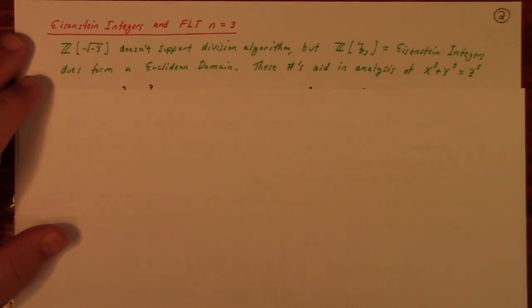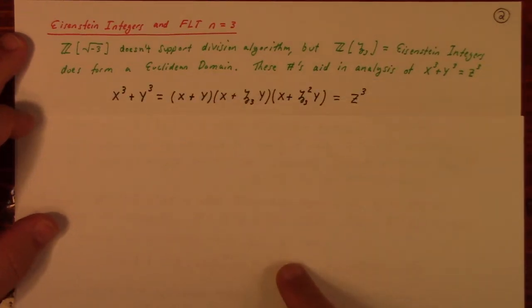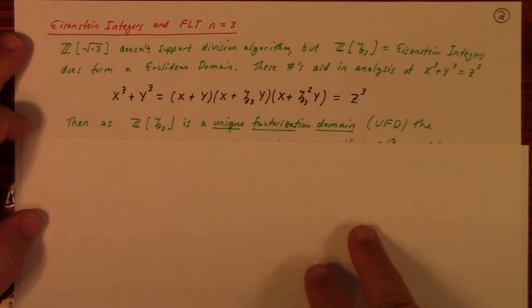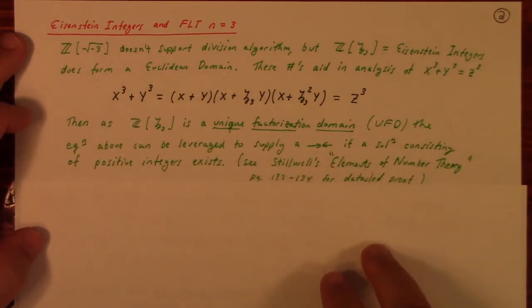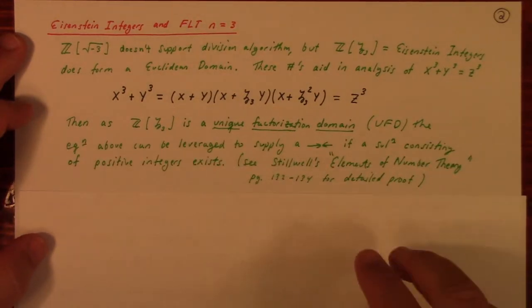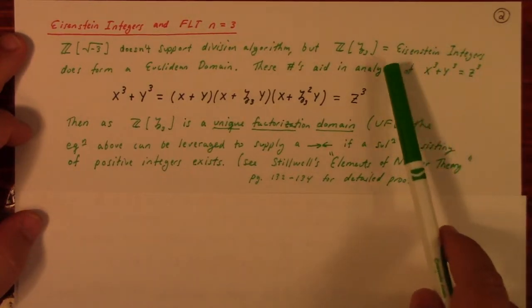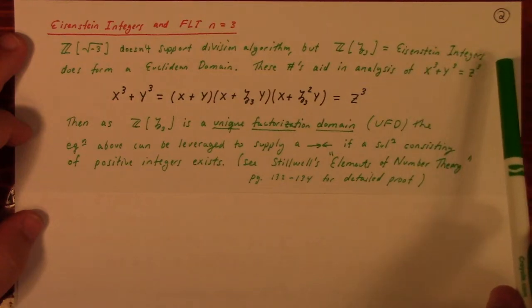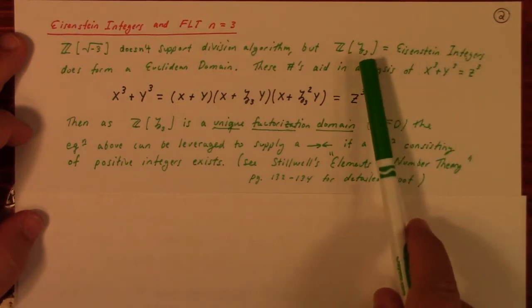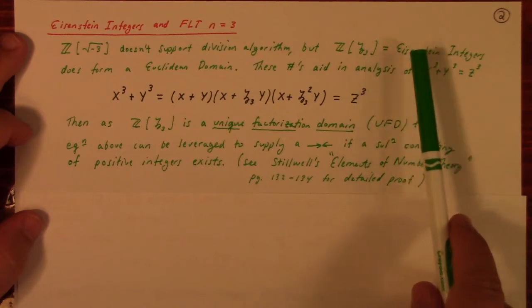So I have taught number theory before out of Stillwell's number theory book, and the first time I taught it, I actually presented this proof, if I remember right, that you can look at what are called Eisenstein integers. So the Eisenstein integers, you adjoin the third root of unity.